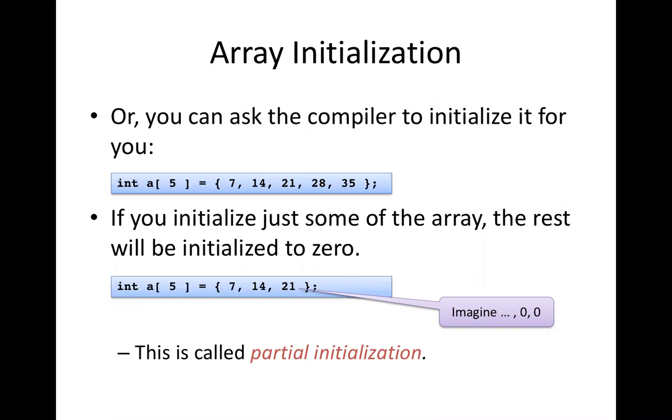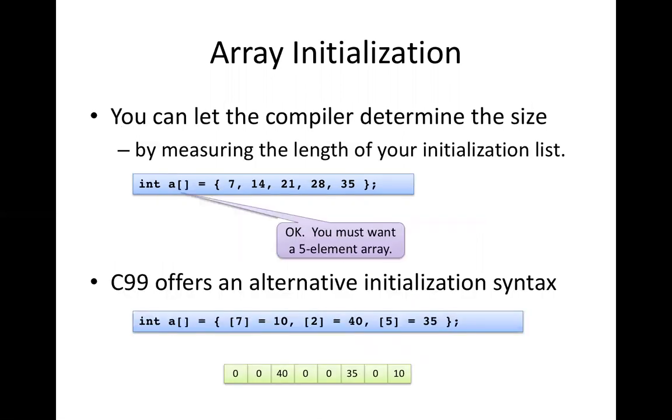All right, so the point of this slide is, you can initialize all the values in an array by listing them all out inside curly brackets. You can do partial initialization by listing just some values, and any of the remaining ones that you leave out will automatically get initialized to 0. If you have an initialization expression, you can use that to let the compiler determine the size of your array.